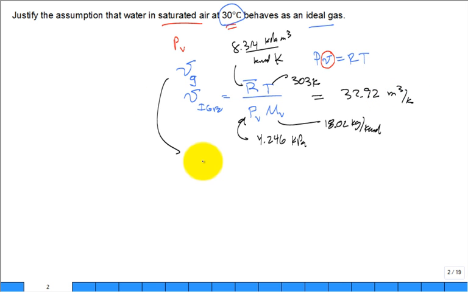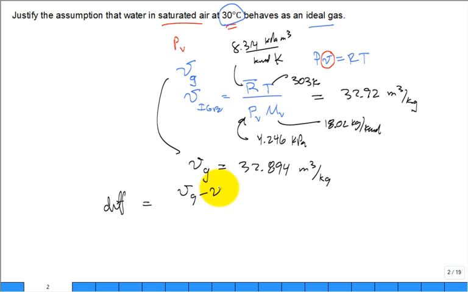We go to the table. v sub g at 30 degrees C is 32.894 meters cubed per kilogram. And you say, are they close enough? And they are. What's the difference? The difference is v sub g minus v sub ideal gas divided by, let's normalize it, so we're interested in the absolute value of the difference.